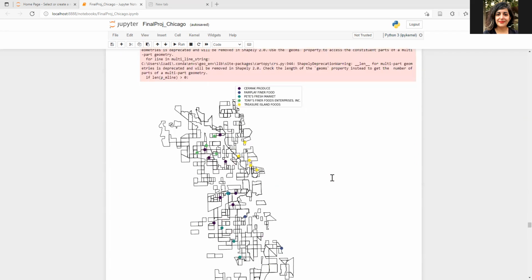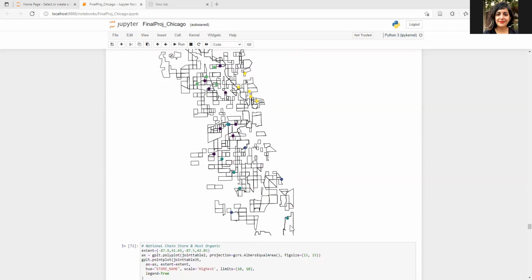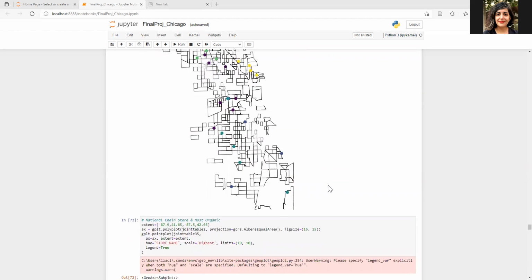When I get to the local food chain stores, for some reason they are in clusters. They are not distributed all over, and this cluster looks denser with more variety on the center and north of Chicago and much less in the south.